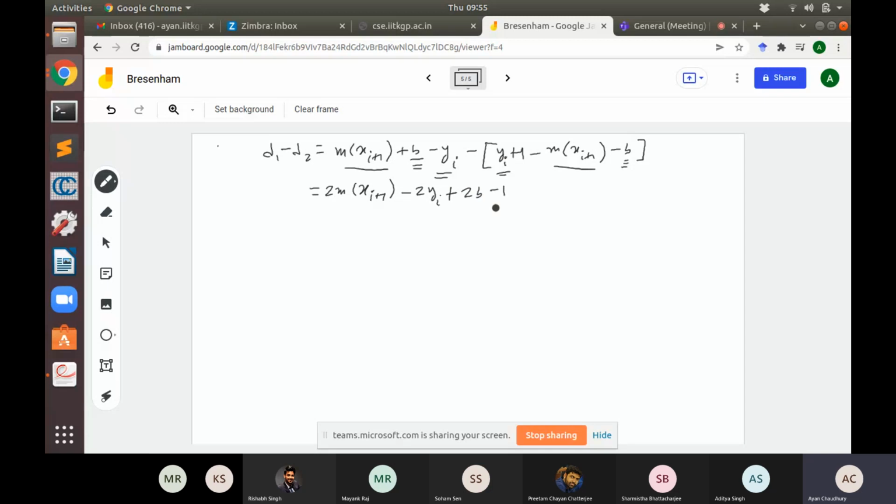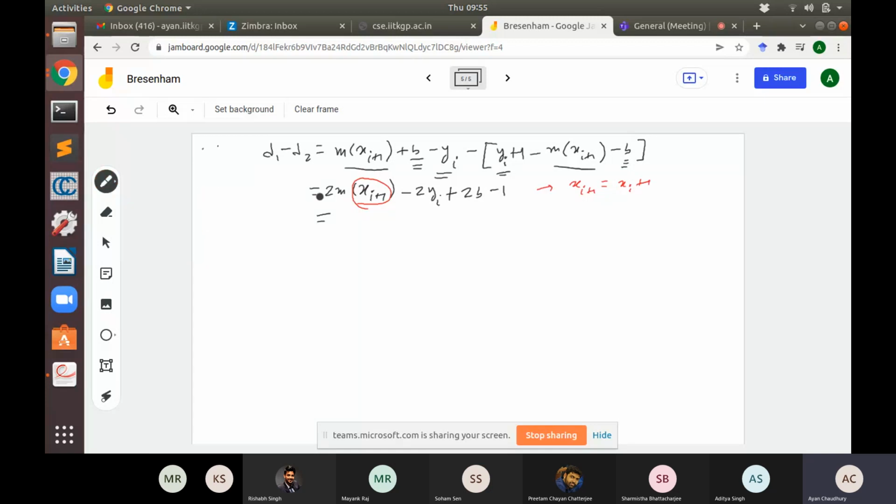Okay, so in this case again with the same logic, what will be xi plus 1? Yes, xi plus 1.